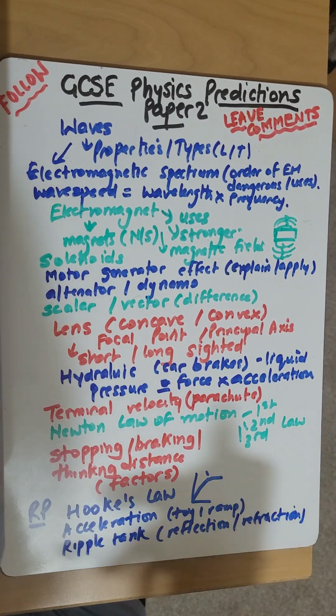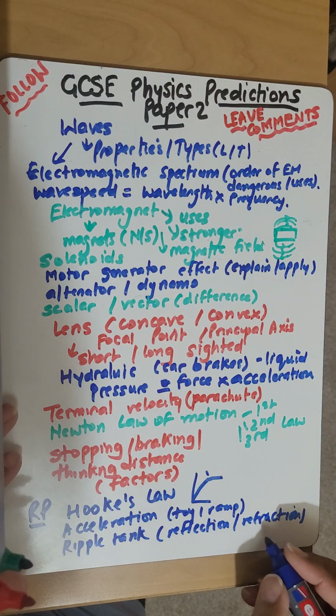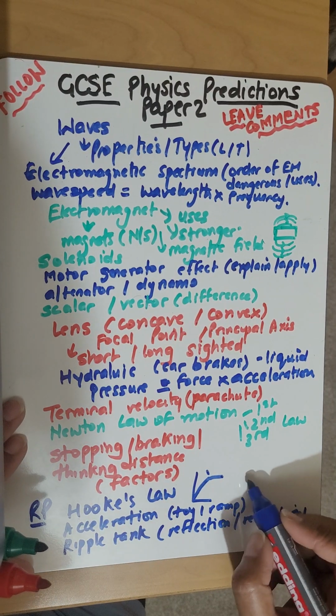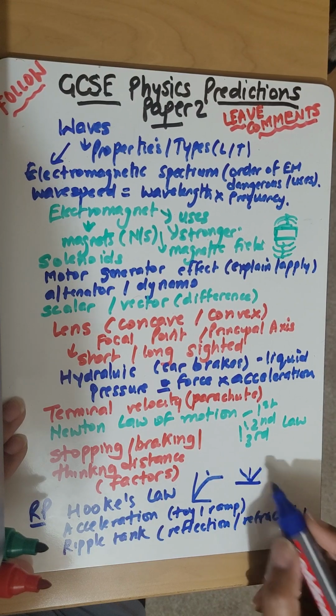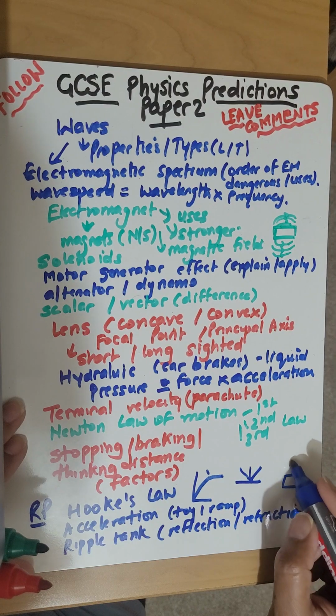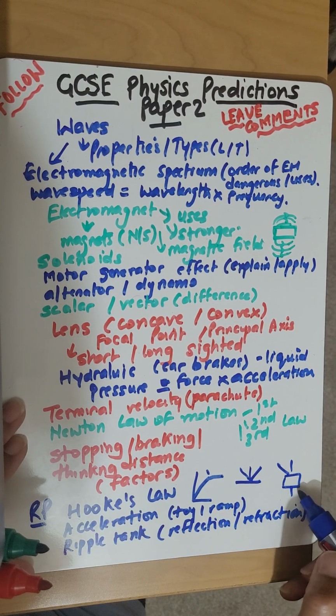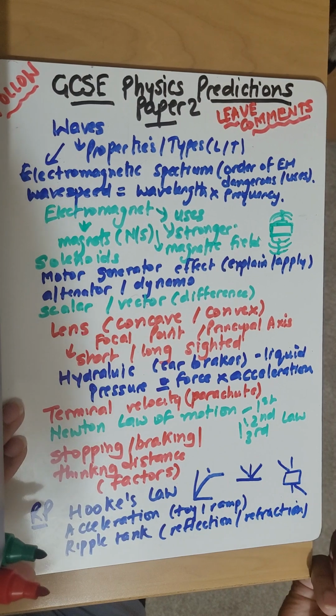Also be able to know that in reflection the angle of incidence is equal to the angle of reflection. So have your little diagram. So you got your normal, angle of incidence, angle of reflection, and then if you got your block, and then you got your normal, angle of incidence is not equal to angle of refraction because it's going through a different medium.